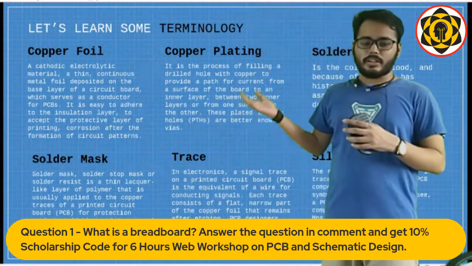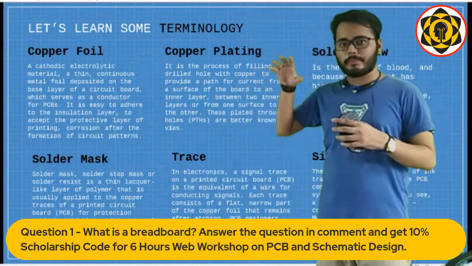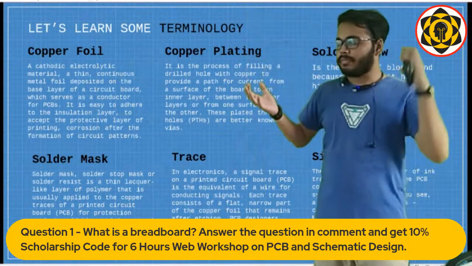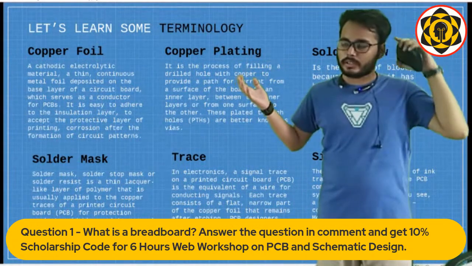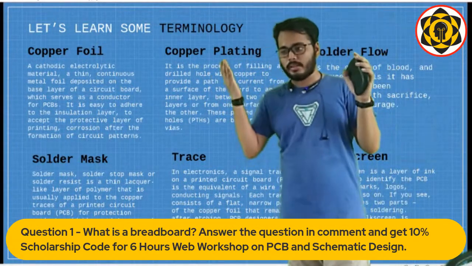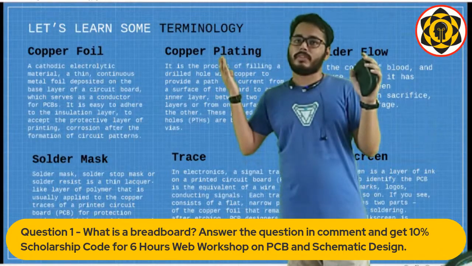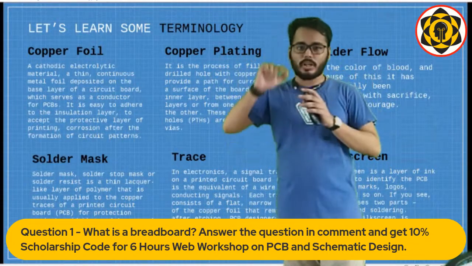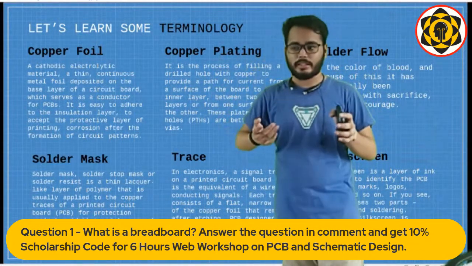Next is copper plating. Copper plating is actually the plating of copper on the whole PCB. That is before you start working on the PCB design. So you get solid copper plates that have a fiberglass material in between and copper plating on both sides, and then you carve out the PCB with that plate.